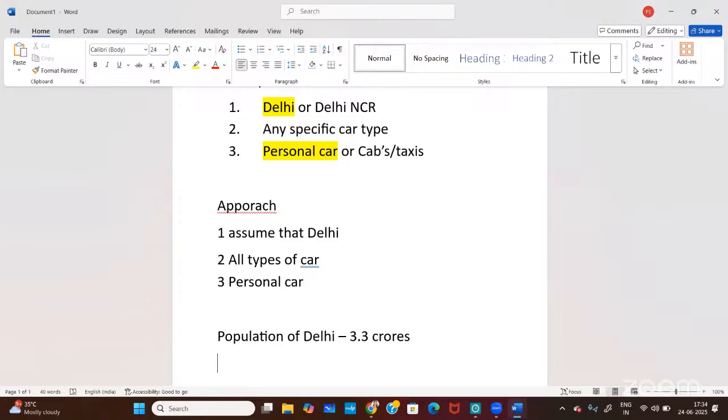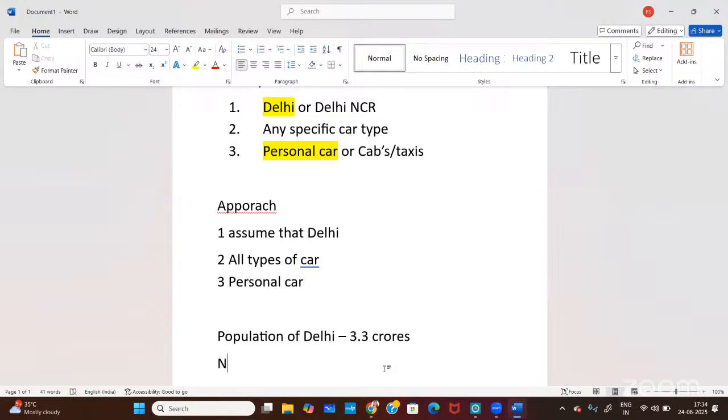Let's say we calculate how many cars there are in one particular household. So we need to calculate the number of households. One household might have one car and a few households might have two cars.